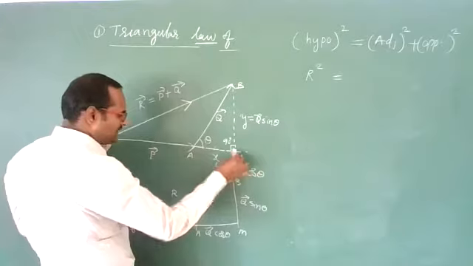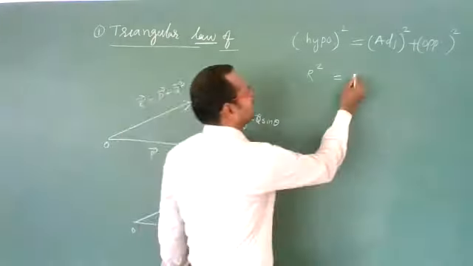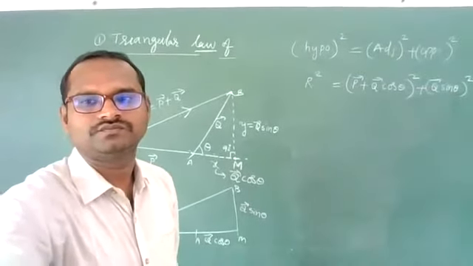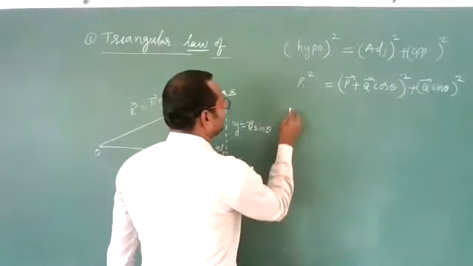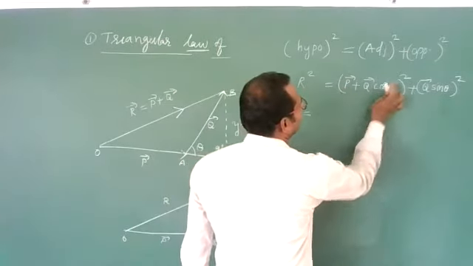Total is P plus Q cos theta. Let us write (P plus Q cos theta) bar whole square. This is the adjacent side, plus the opposite side Q sin theta whole square, bar if you want. Okay. Yes. Now what will you get? R square is equal to, yes, it is in the form of (a plus b) whole square.